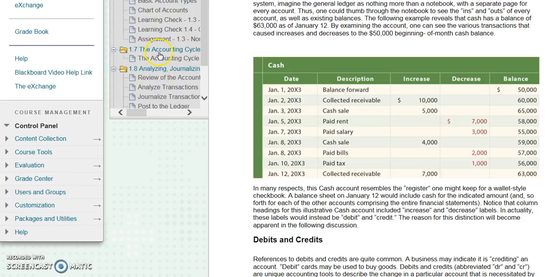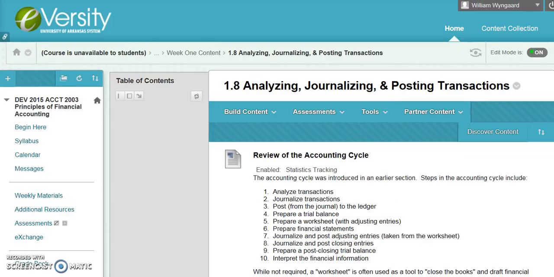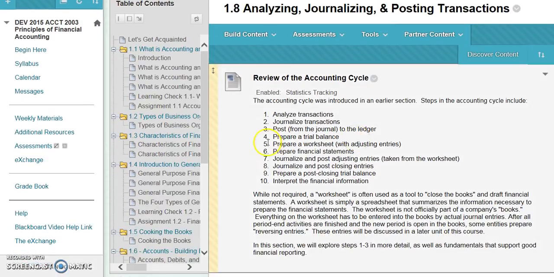The accounting cycle, if you click on that, you're going to see a nice little video graphic, but it's a lot easier just to click on 1.8, and they've got the accounting cycle right there. So look at the first three: analyze transactions, journalize transactions, and post to the general ledger. Those happen pretty much every single day.